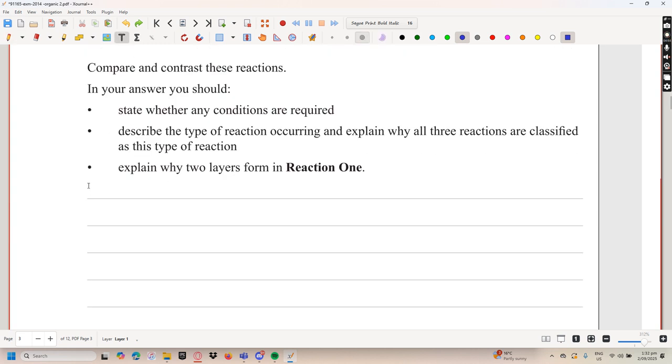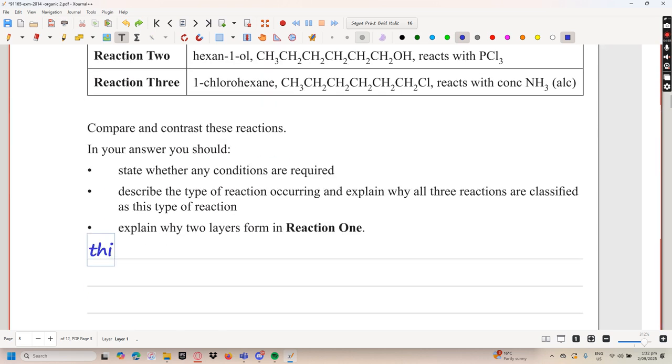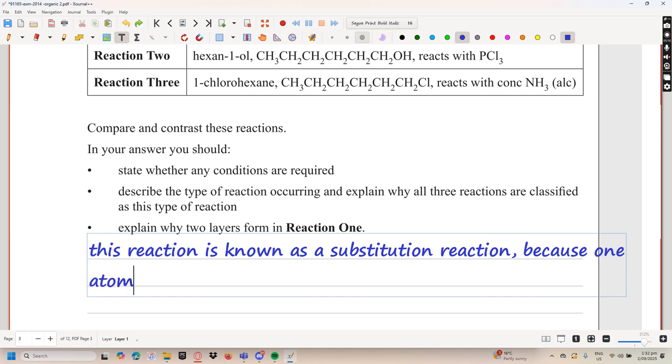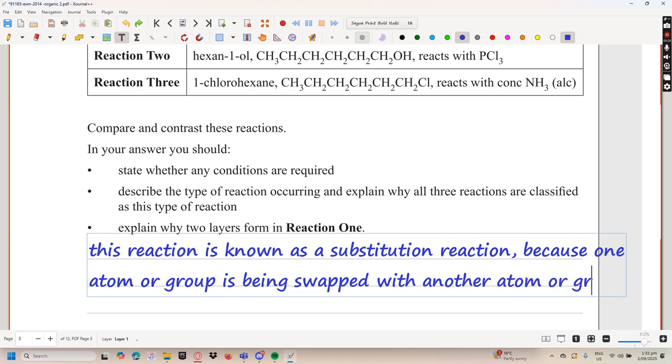Okay. So, in all 3 cases here, this reaction is known as a substitution reaction. Because one atom or group is being swapped with another atom or group.